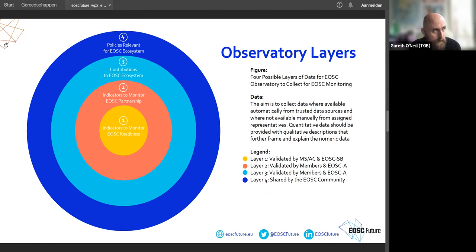Then the second layer is for monitoring, in a way, the EOSC partnership. So this is to monitor the indicators in the monitoring framework for the EOSC partnership, which specifically falls under the EOSC Association, as an agreement in the Memorandum of Understanding between the Association and the European Commission in the context of the partnership.